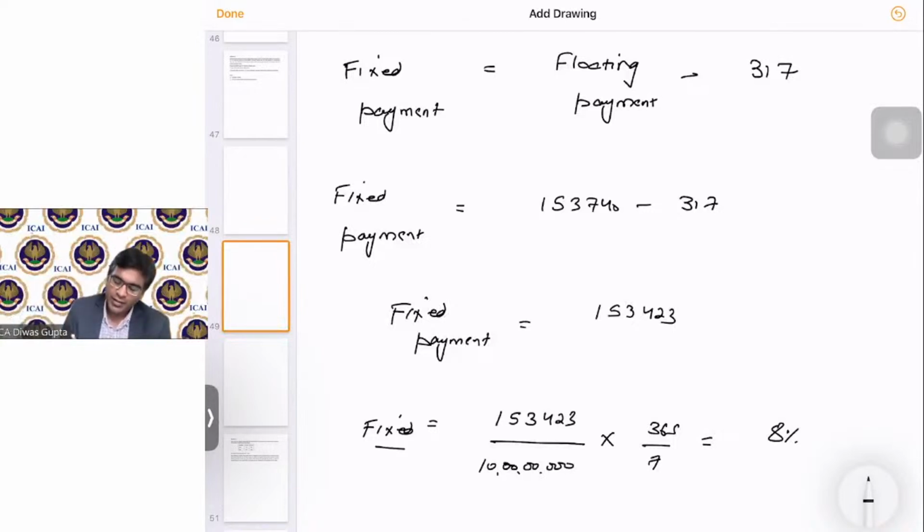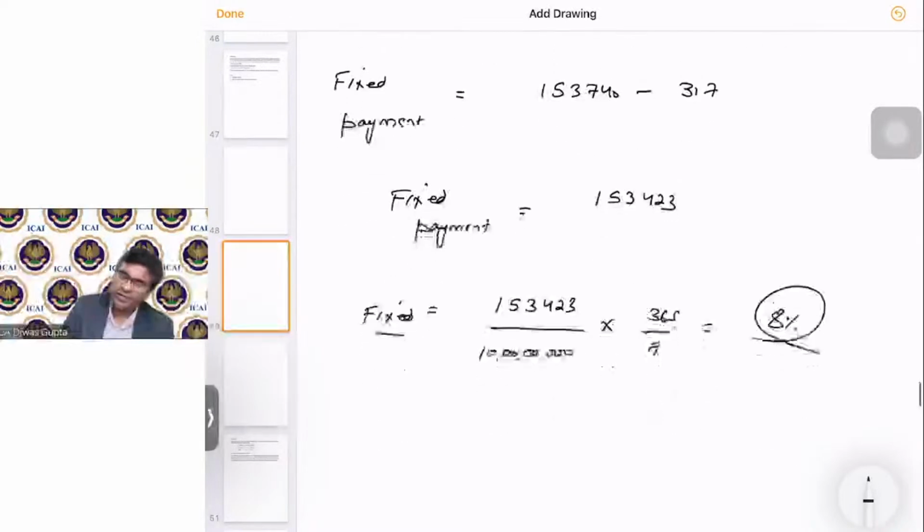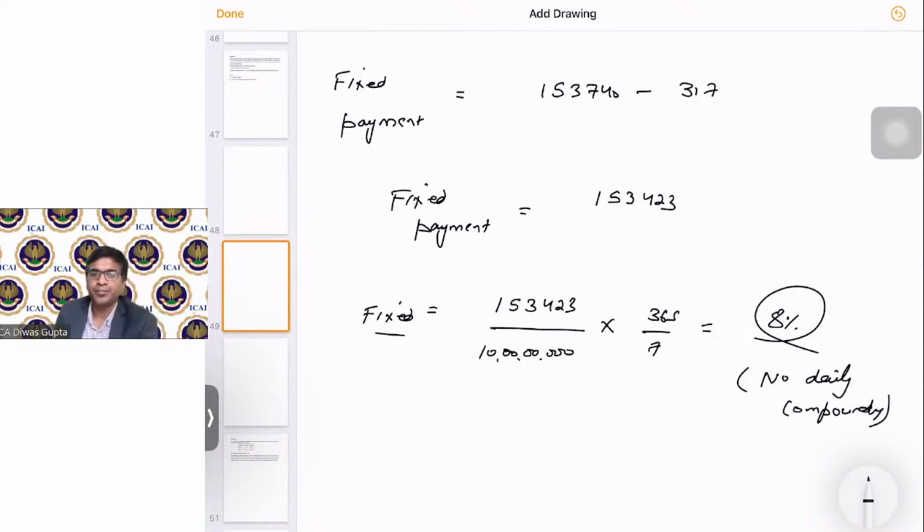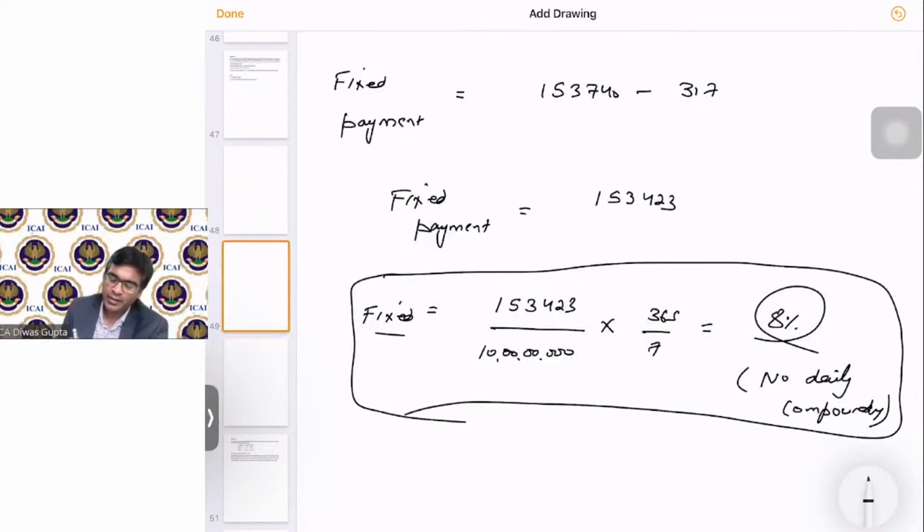Actually, if we see this fixed interest of 8%, also the way it is calculated is assumed that there is no daily compounding. Correct? The way this is calculated is wrong. But this is just an indicative number that has been calculated because the assumption is there is no daily compounding basis this 8%. If there is a daily compounding, then definitely 8% would be higher. Okay.